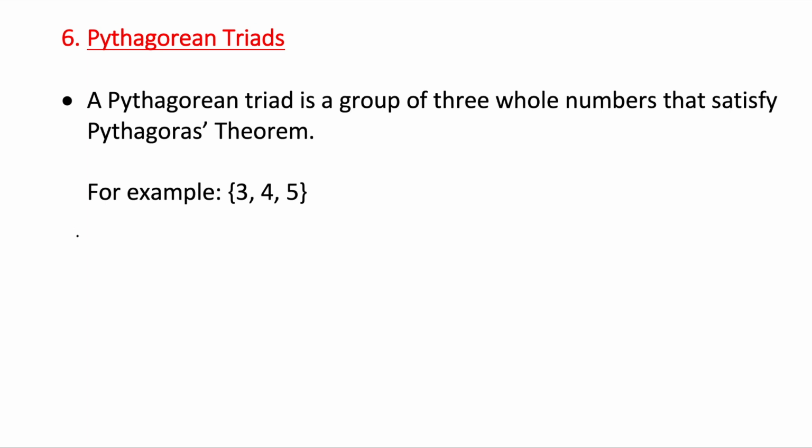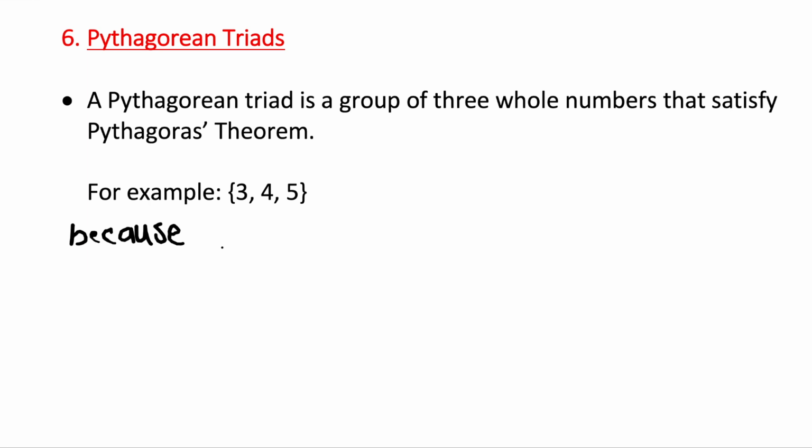Quick question here, girls, and just indulge me. I know that I'm not going to hear your answer, but let me pretend that I'm going to hear it. Which of these 3 numbers is the hypotenuse? Is it 3, 4, or 5? It's going to be 5 because it's always the longest side of the triangle.